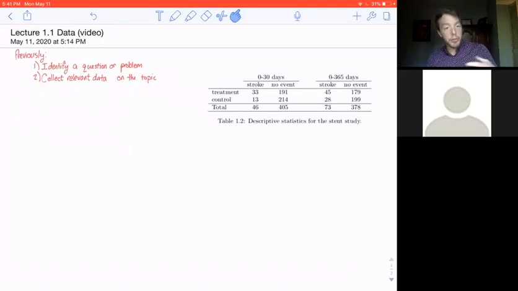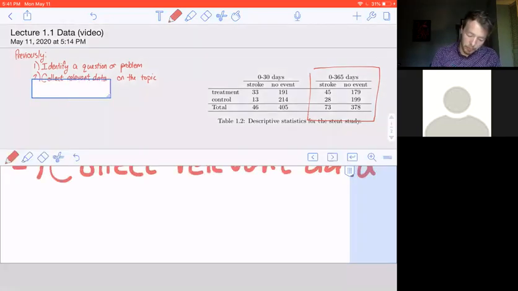After stating our question, we collected relevant data on the process. We had a treatment group that got stents, and we watched them for a full year. We're going to be looking at the year's worth of data here. And then we had a group that was the control group that we also followed for a full year and did not give them stents.